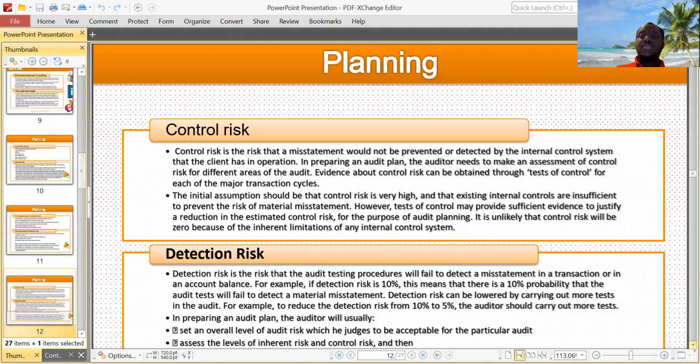In preparing the audit plan, the auditor therefore has to make an assessment of control risk for different areas of the audit. It's very, very important. Evidence about control risk can be obtained through testing controls.